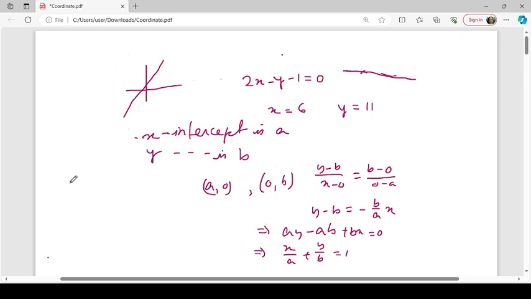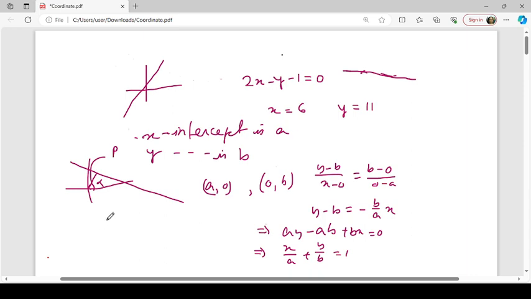And another form is the normal form. For the normal form of a line, we have a line and we draw a perpendicular from the origin. We say this length is p, and this angle is alpha.